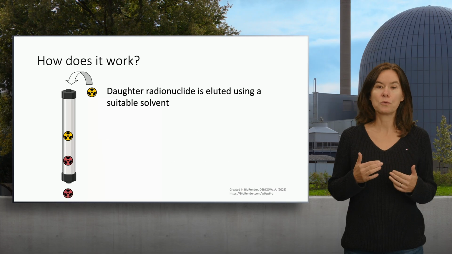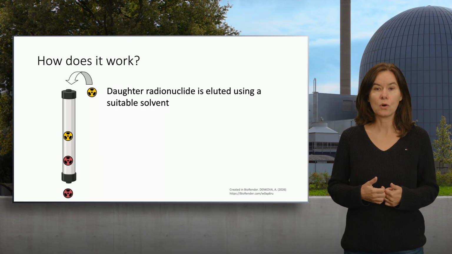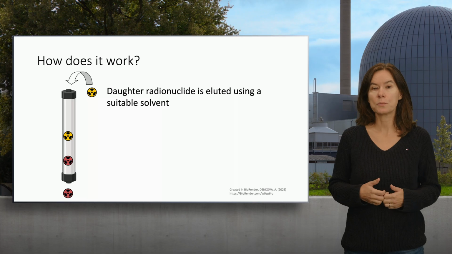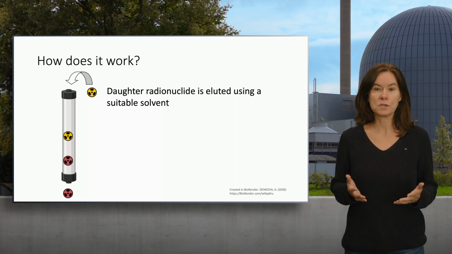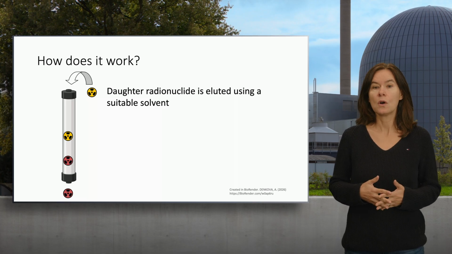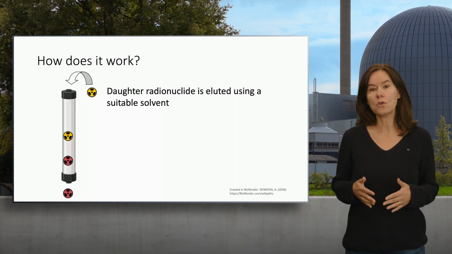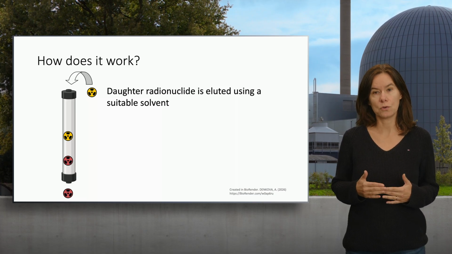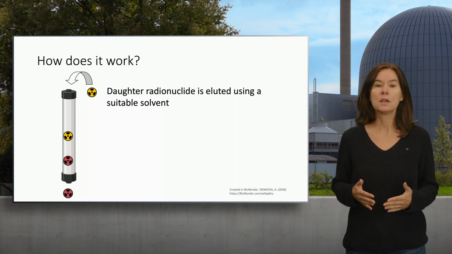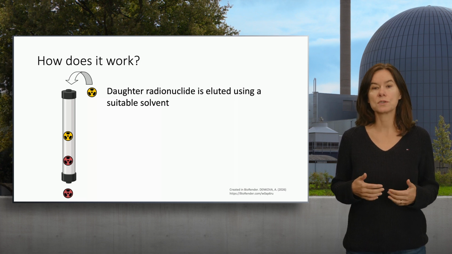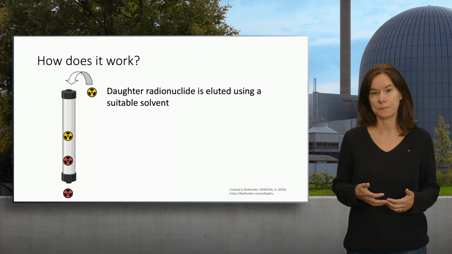The daughter isotope will then be removed from the column, also called elution, using an appropriate solvent, such as for instance physiological solution, while the mother remains adsorbed on the column. Such a generator is only possible if mother and daughter have different chemistry, so different adsorption affinity on the substrate at the elution conditions.